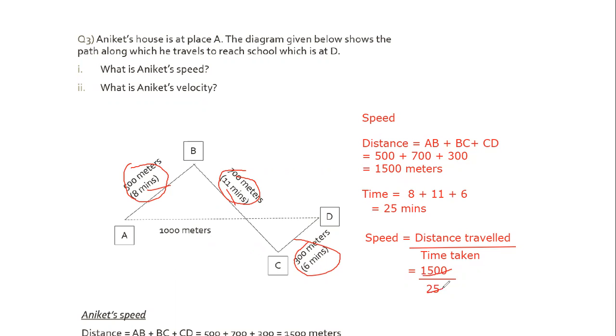Let's divide both 1500 and 25 by 5. So 300 into 5 is equal to 1500. So we'll write 300 over here, divided by 5. Again we'll cross it. So 300 divided by 5 is how much? 60.